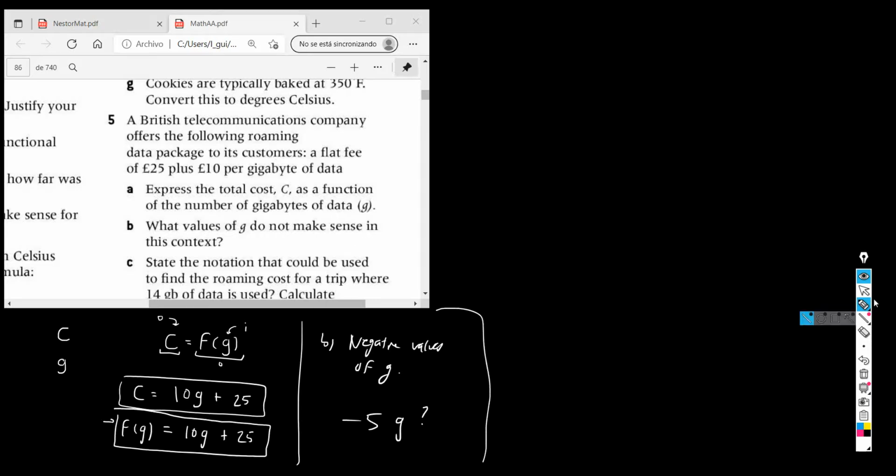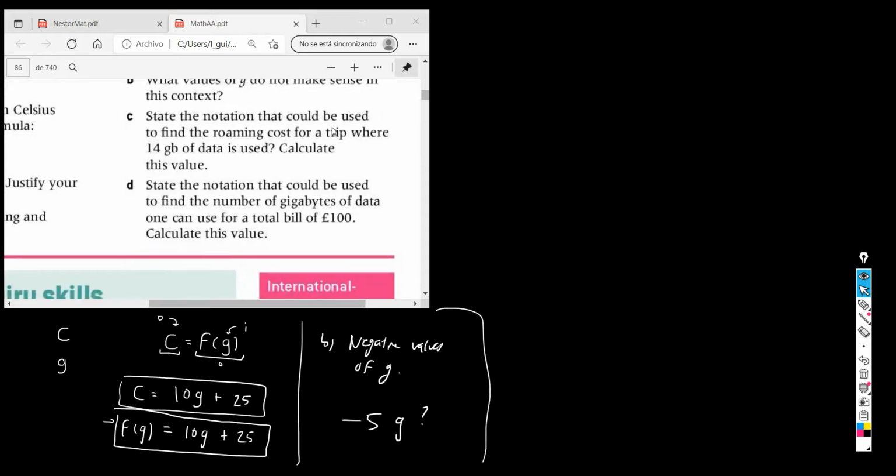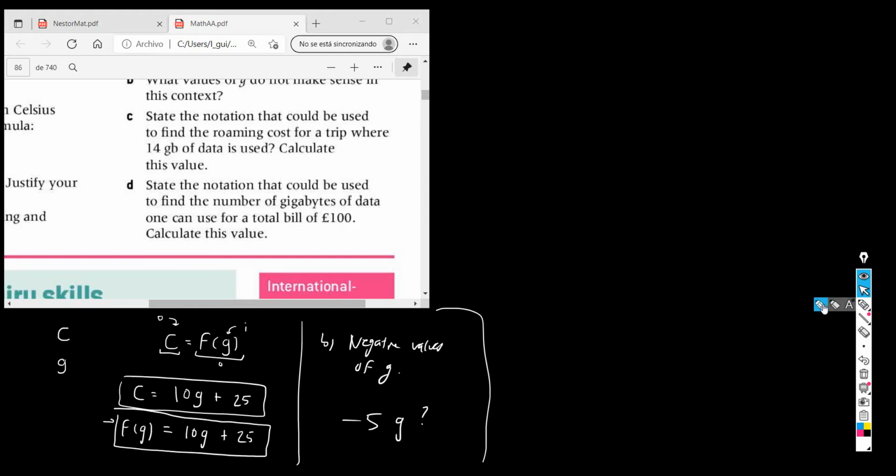C, state the notation that could be used to find the roaming cost for a trip where 14 gigabytes of data is used. Calculate this value. Okay, we're looking for a cost, and we know that we used 14 gigabytes of data.